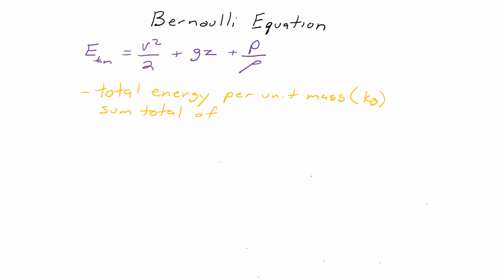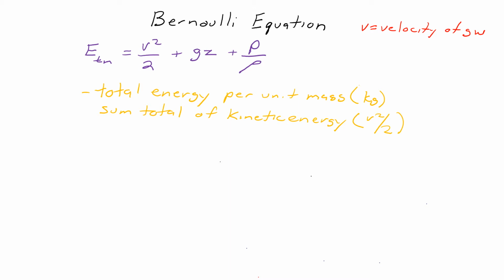This is the sum total of the kinetic energy of the water movement, and that's V squared over 2, where V equals the velocity of groundwater.